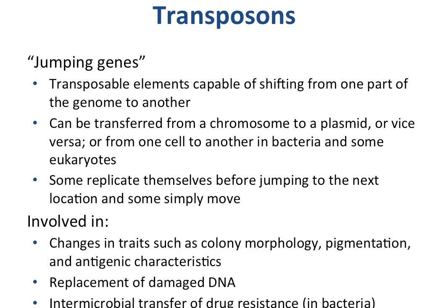Now let's talk about the transposons, okay? Transposons. The concept is jumping genes. Jumping genes. So these are transposable elements. They can shift from one part to another part, okay? They can be transferred from chromosome to plasmid or vice versa, and from one cell to another cell.